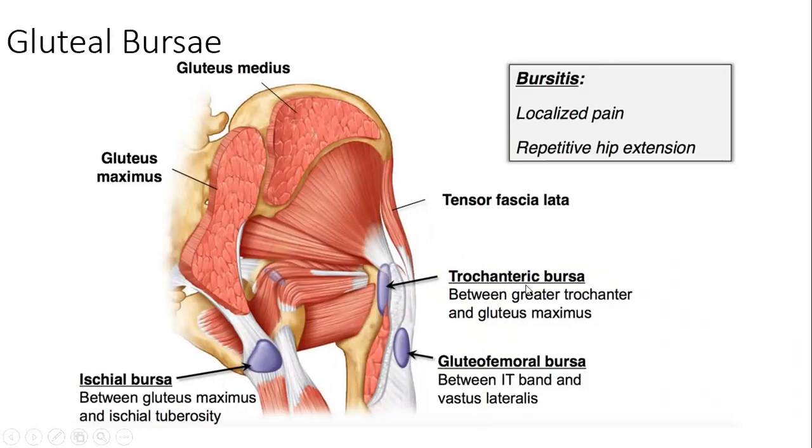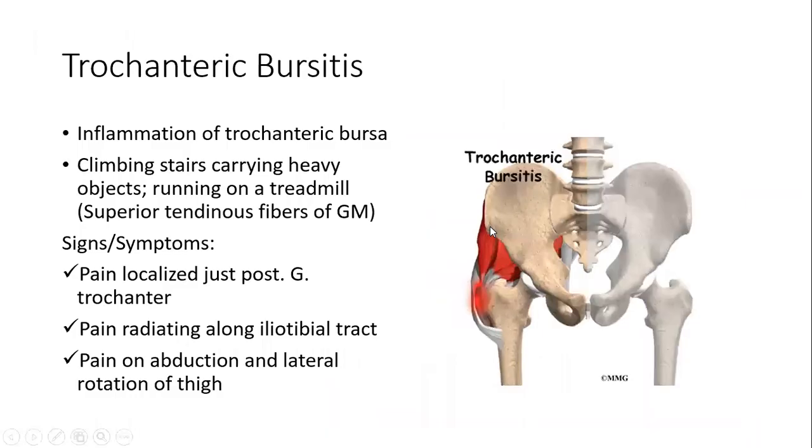And then we have trochanteric bursa located between the greater trochanter of the femur and gluteus maximus. Clinicals associated with these bursae usually involve inflammation of these bursae, and they are usually repetitive friction injuries to the bursae.